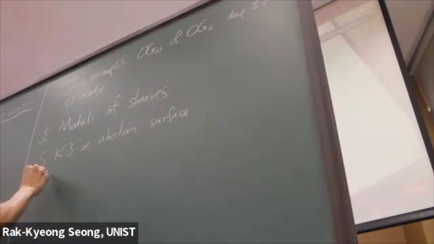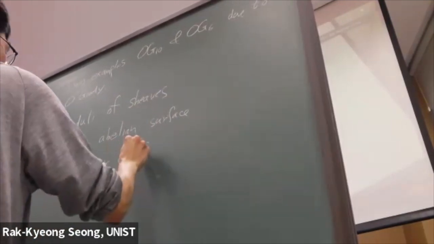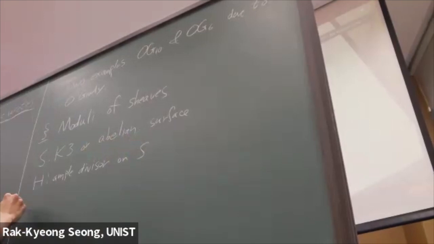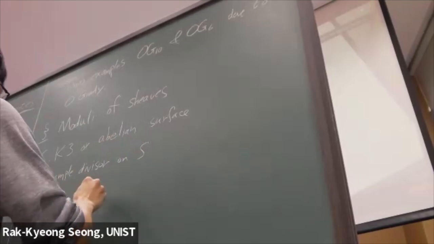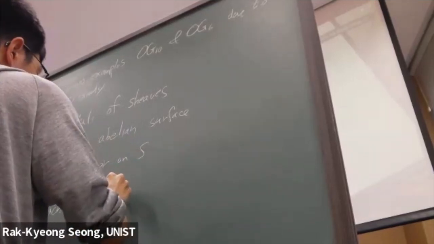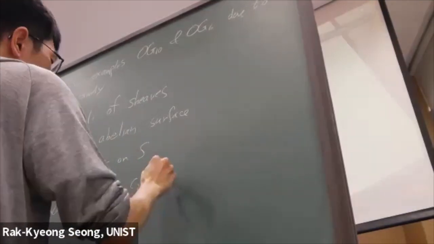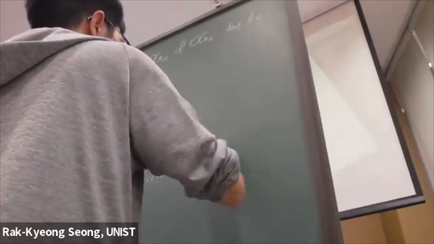And we also fix an ample divisor on S. To consider the moduli space of sheaves, we fix some numerical invariant c. This represents Chern classes, so this is an element of the cohomology ring of S.